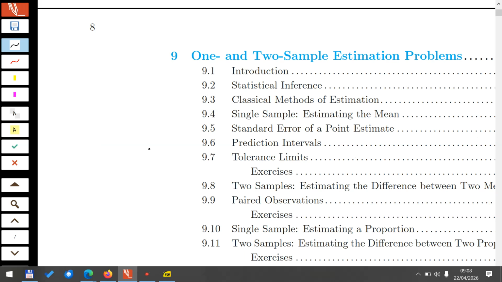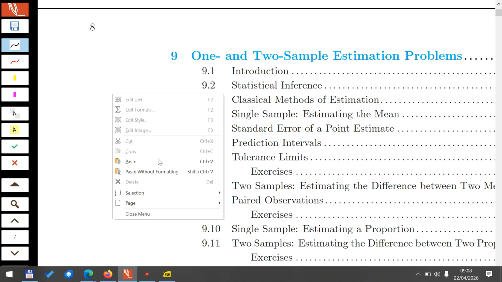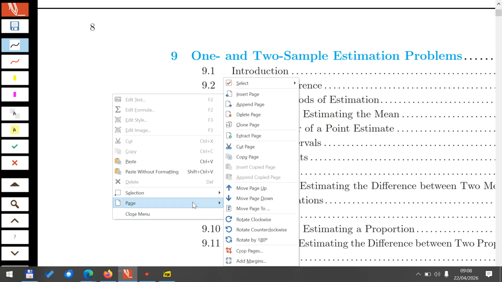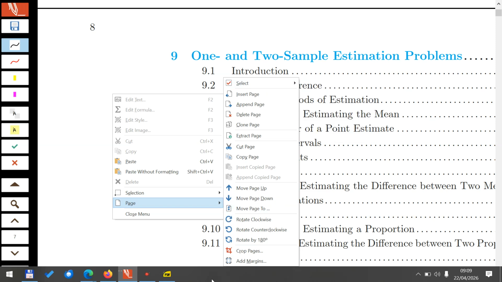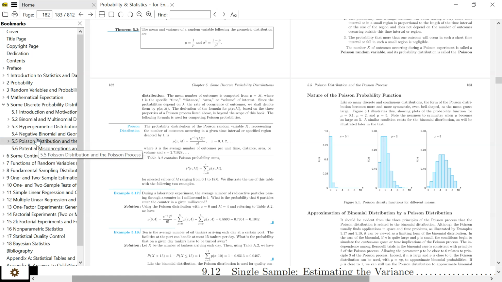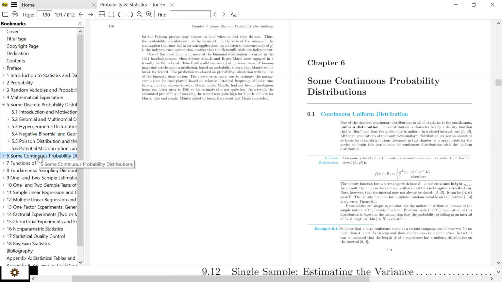I have this problem again. I clicked something and now I need to, can I go to the previous page? This doesn't show me the previous page, so I have to somehow look there again. And it's 190. This is horrible.